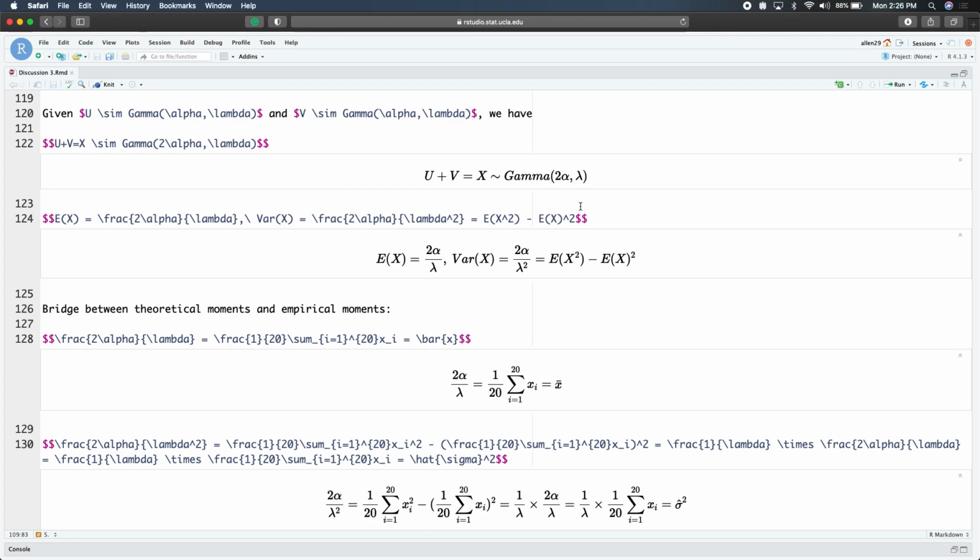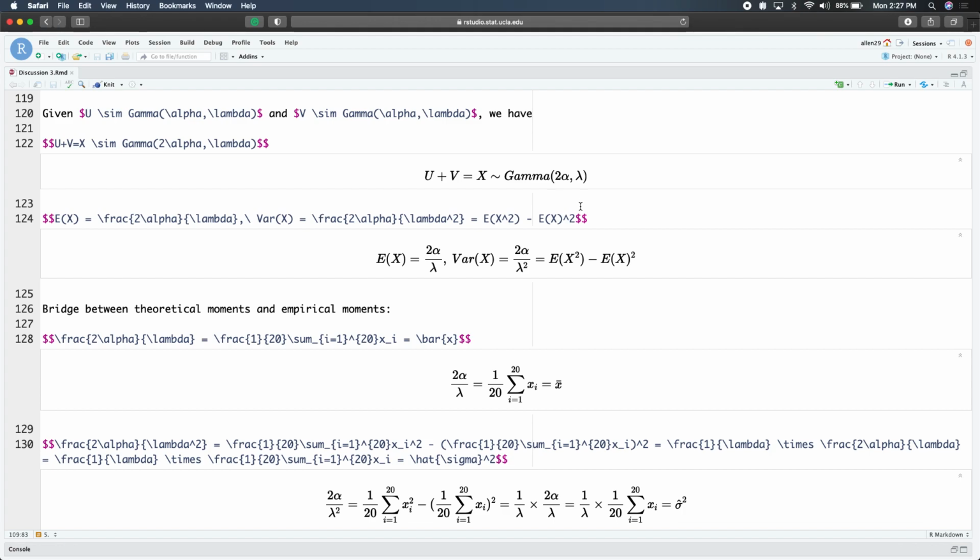Back in the day, many researchers were doing their own research, so some people call the gamma distribution using alpha and lambda, and some researchers use alpha and beta, where beta is 1 over lambda. As long as your work is consistent with alpha and beta, you should be fine.